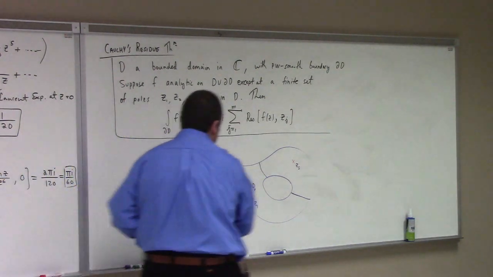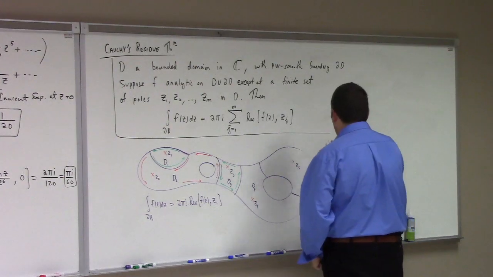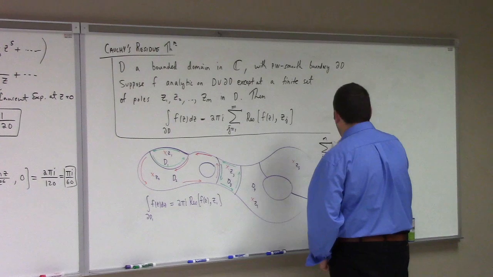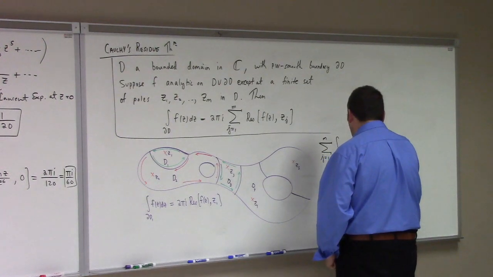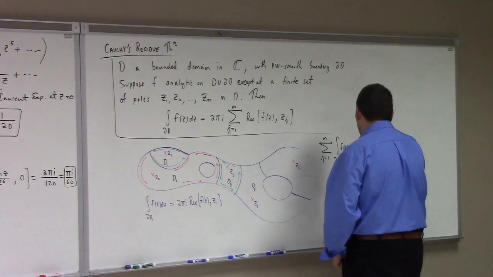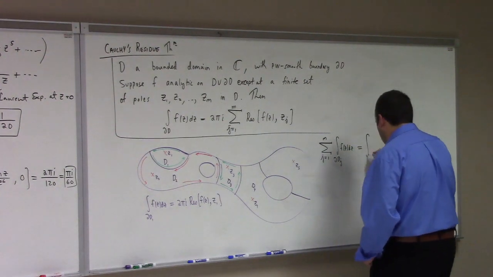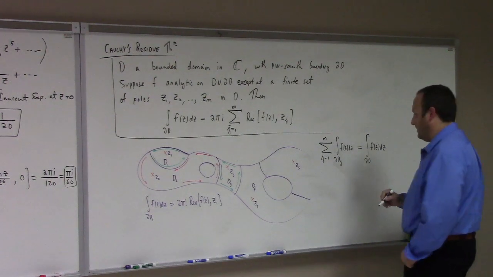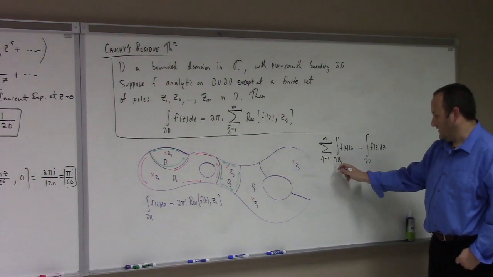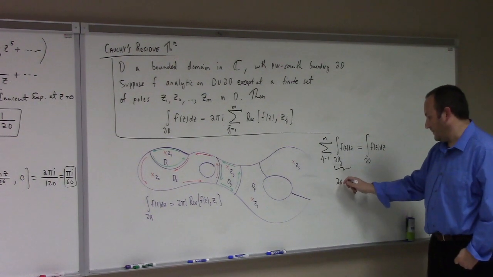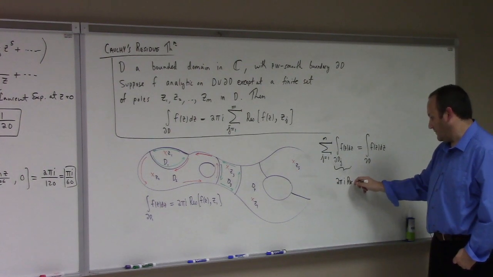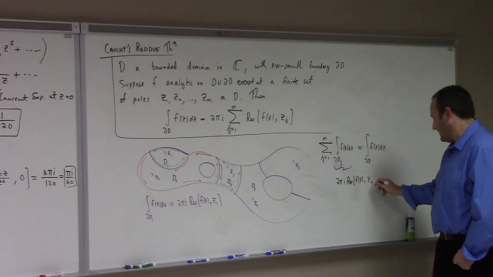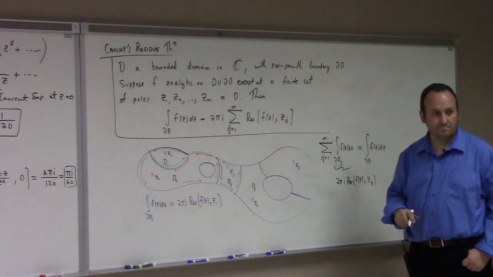So when we sum j equals 1 to m, the integral over the boundary of Dj of f of z dz, that just gives us the integral over the boundary of D of f of z dz. But on the other hand, each one of these is 2 pi i times the residue of f of z at zj. Okay, so that's why we have this result.